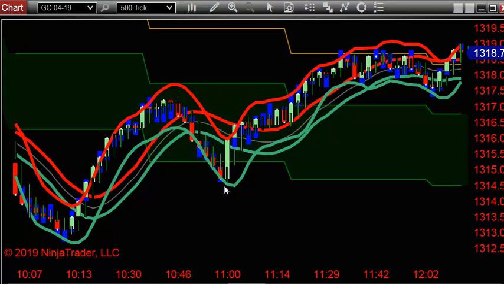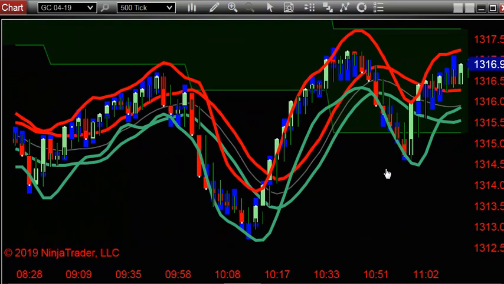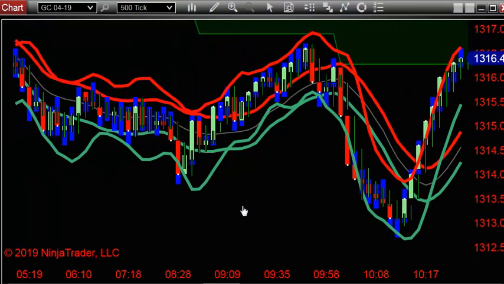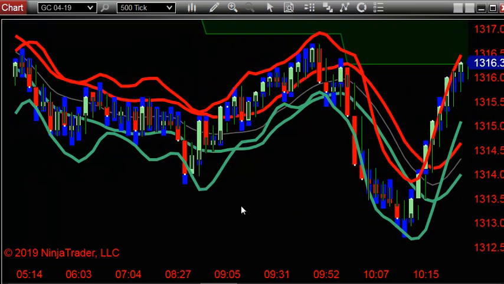Anyway, look, always contained within the red and the green.